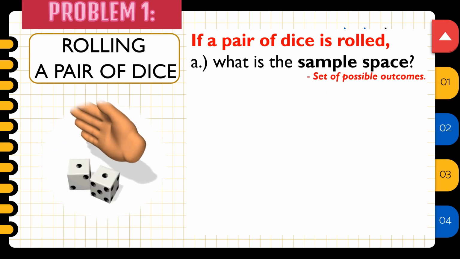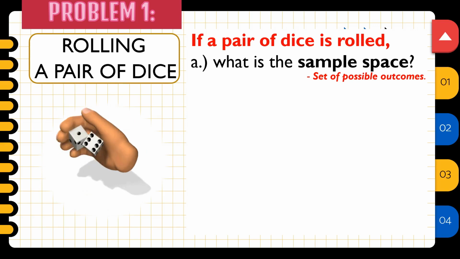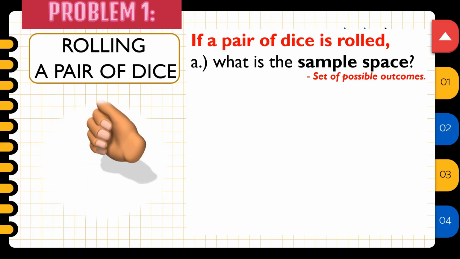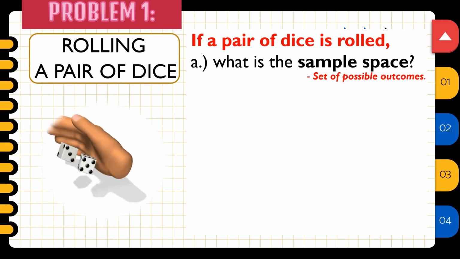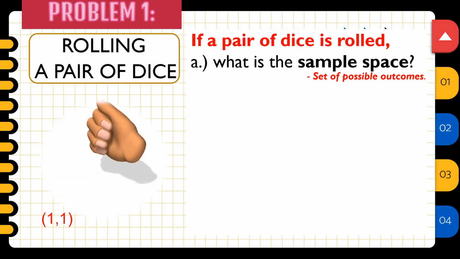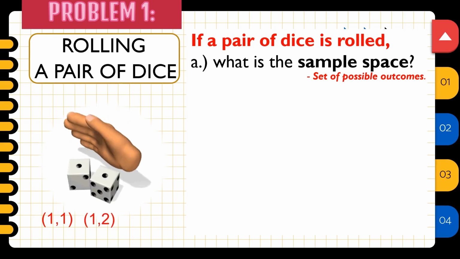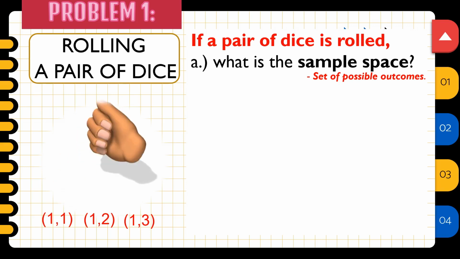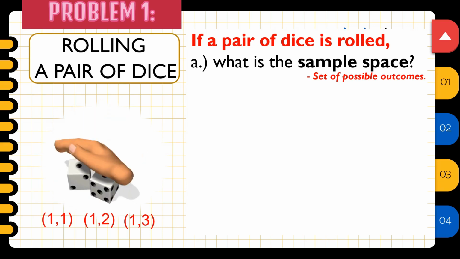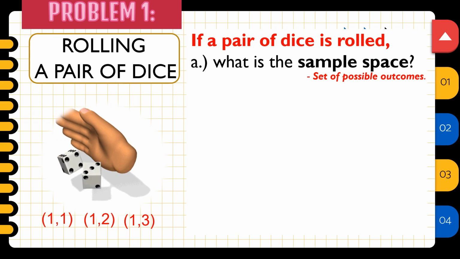In this event, list down all the possible pairings with your dice with the numbers 1 until 6. So you might be thinking of 1 and 1, yes, also 1 and 2, also 1 and 3, until you have listed all the possible pairs. So those are part of your sample space.